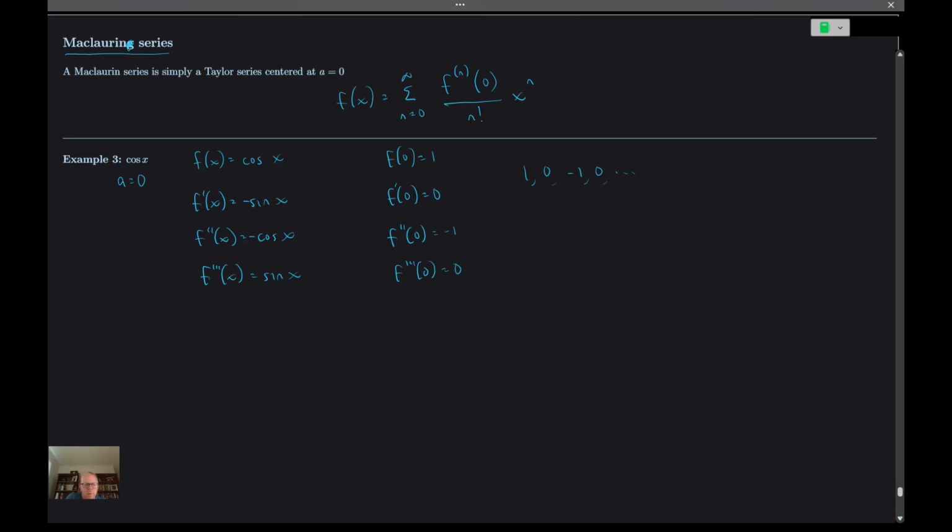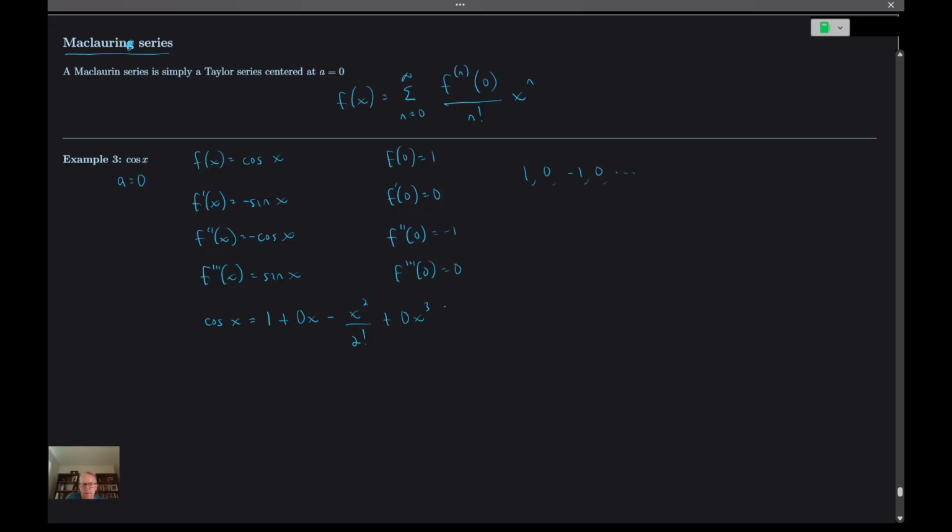So let's write out our terms. We have cosine of x equals 1, so f of 0. The next term will be 0, but maybe you want to write it just so we keep everything straight. And then we have minus x squared over 2 factorial. And then we have a 0 x cubed.